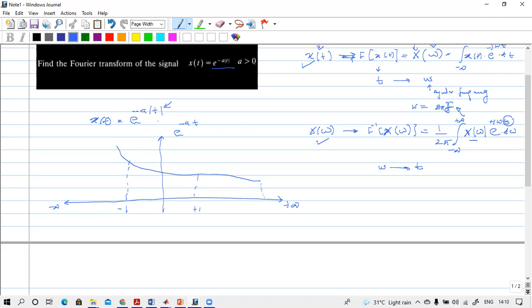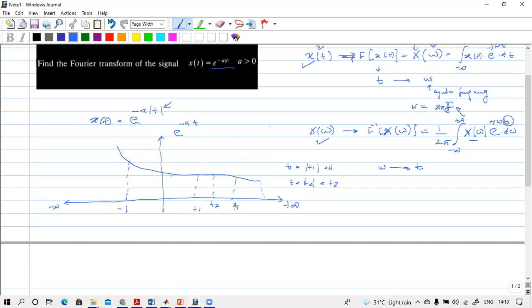Because if you take the absolute value of say +1, +2, +3, like this, if t is equal to +1, you will get 1 again. If t is equal to +2, the absolute value is again +2.